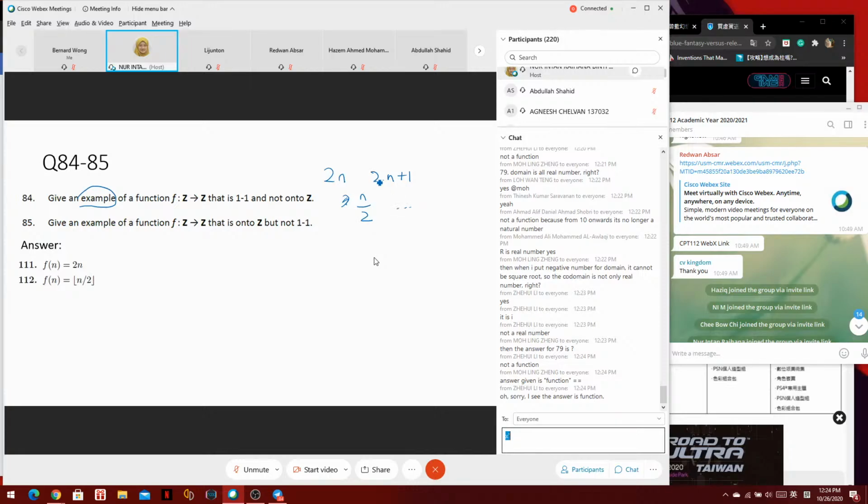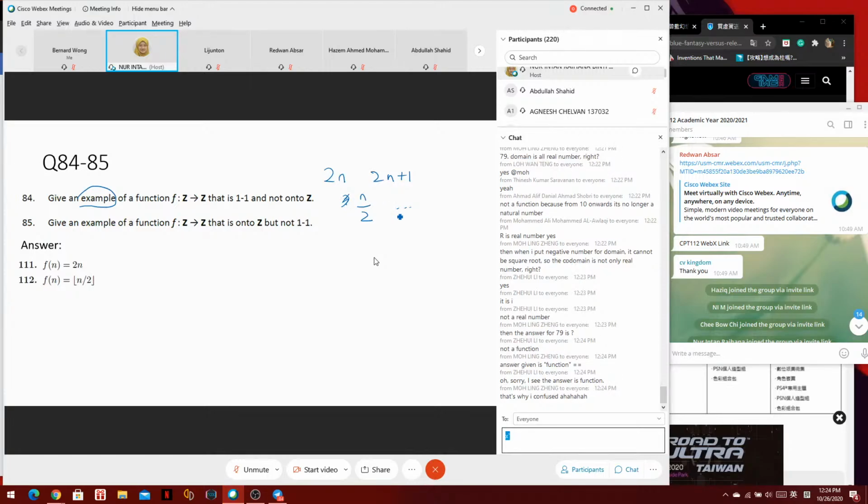Okay, the simple formula. I would say this simple formula is always used to describe the example. At least you try and error, because this is something you need to face with a try and error kind of test. Okay, give an example function and show 1 to 1 but not onto.